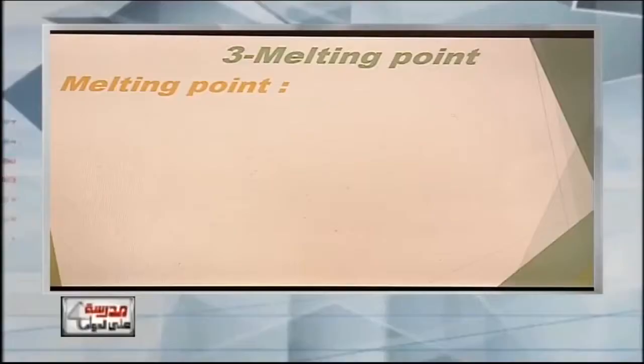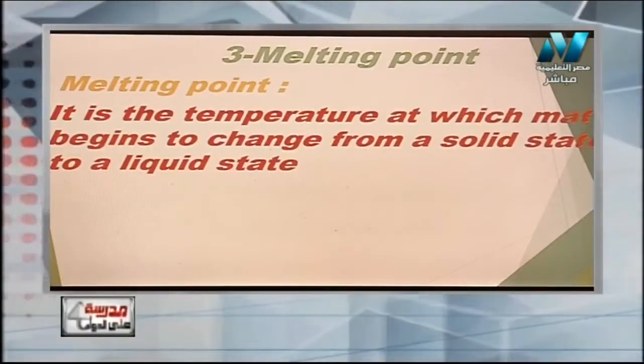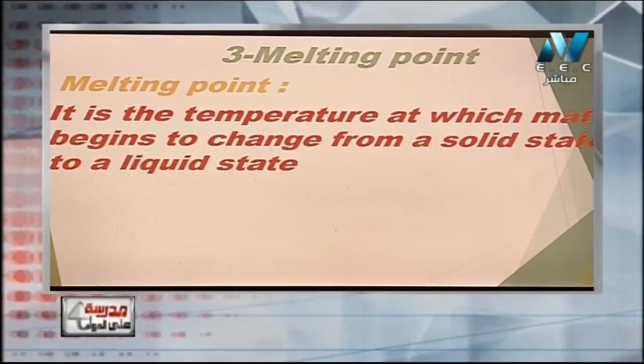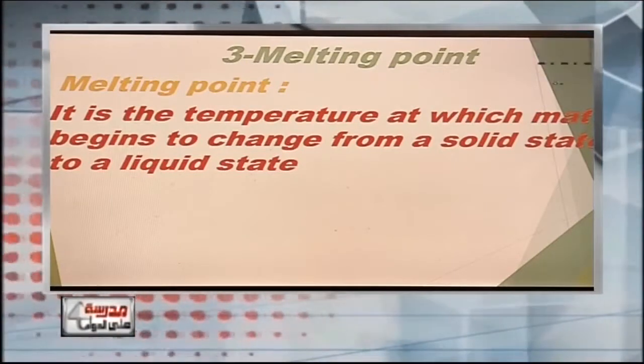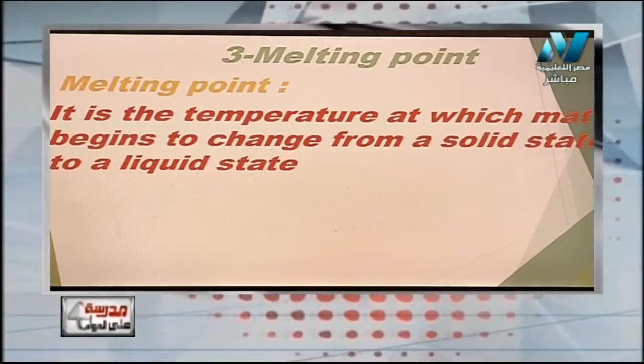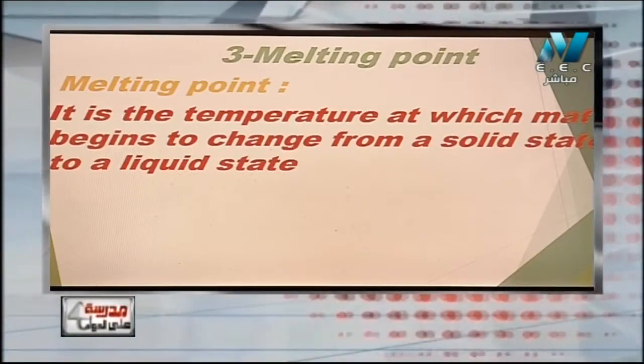We talked about the melting process in primary 4, and we said that melting means the process of changing matter from solid state into liquid state. But what is meant by melting point? It is the temperature at which matter begins to change from solid state to liquid state.